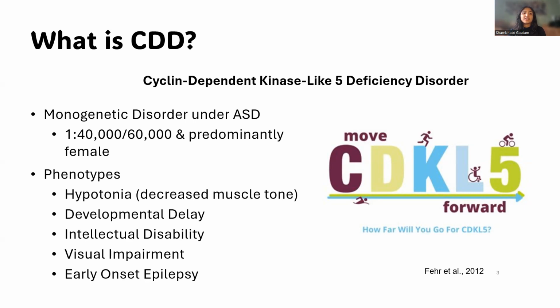But it is different because it is caused by a singular gene being disrupted. Its phenotypes are similar in terms of hypotonia, developmental delays, intellectual disabilities, visual impairment, and most important for this project, early onset epilepsy in infants, which we will investigate in our project.